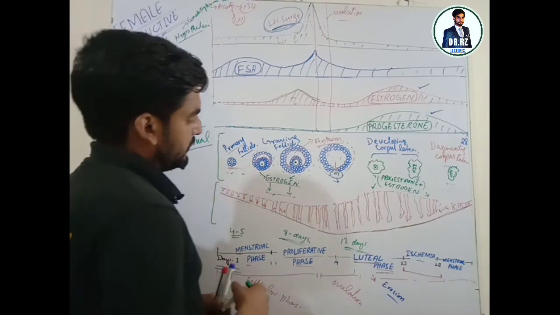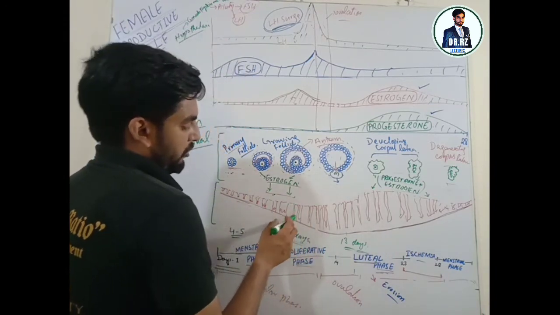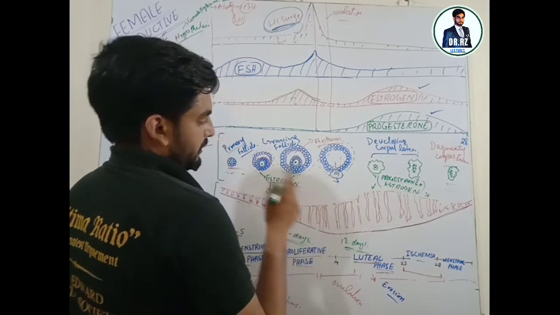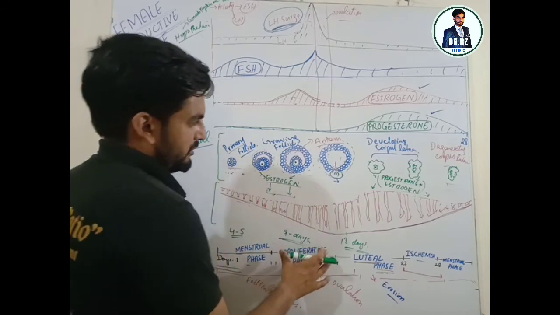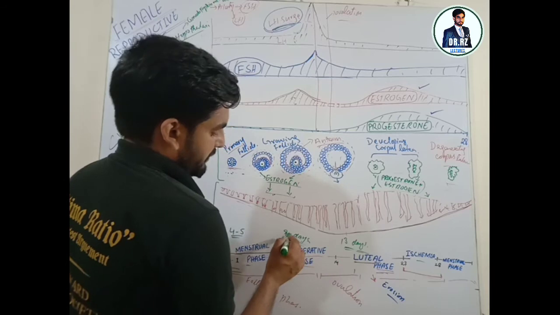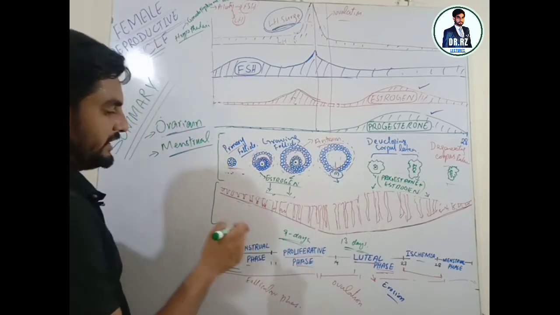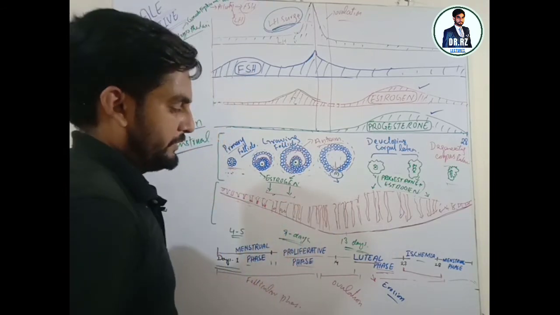So this development of the endometrial wall, the endometrium of the uterus, is called the proliferative phase of the menstrual cycle. After this proliferation phase, which stays for 9 days, there is a 2 to 3 times increase in the thickness of the endometrium and also in the water content of the endometrium.